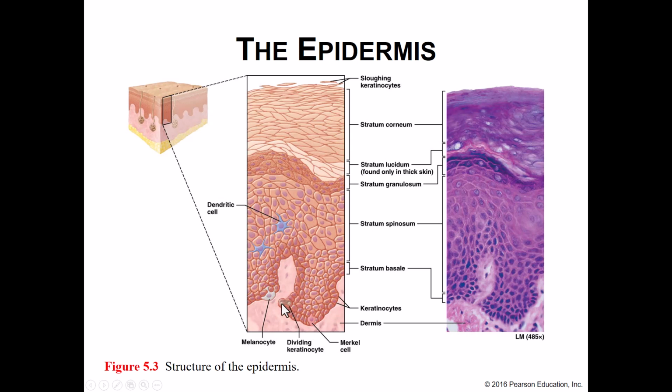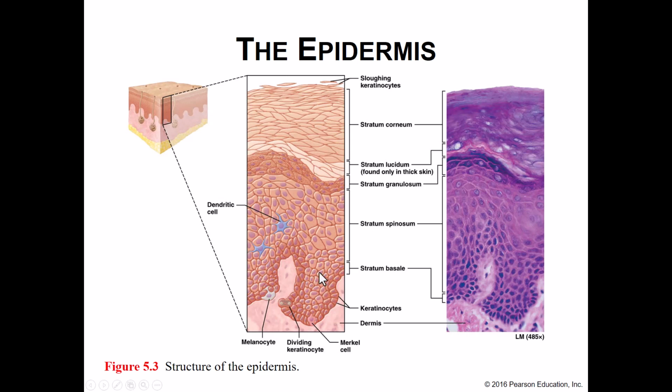And here you can see a dividing keratinocyte. The stratum basale is where we have all of our cell division. This is where the skin is constantly renewed and replenished. The stratum basale undergoes active mitosis, and it helps to replenish the cells that have died and sloughed off out here in the stratum corneum.